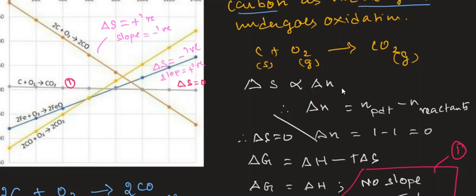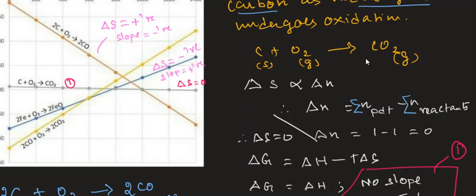So it is directly proportional to the change in the number of gaseous moles, which is nothing but the sum of the number of moles of gaseous products minus the sum of the number of moles of gaseous reactants. You can even put the summation symbol: sigma n product minus sigma n reactant.